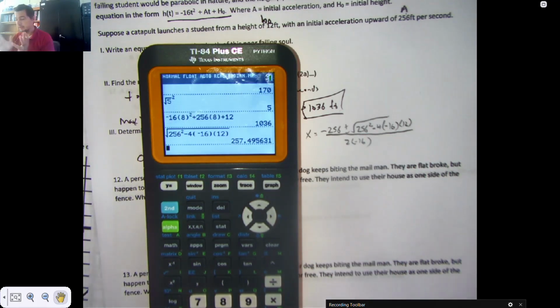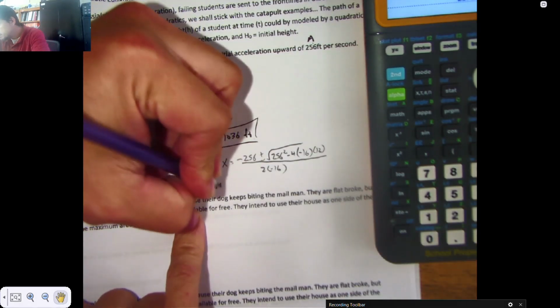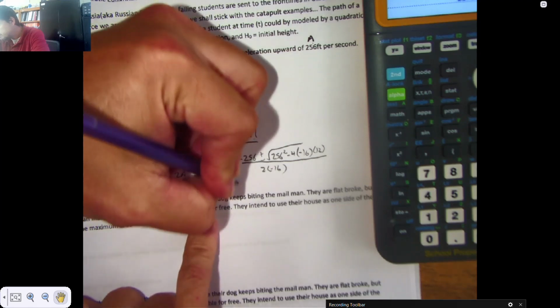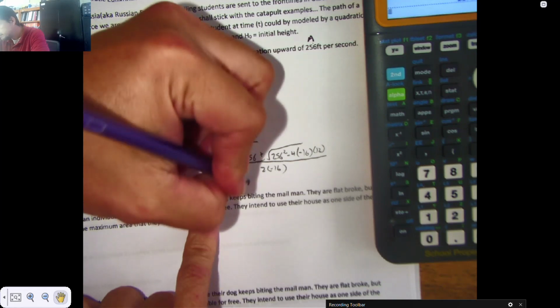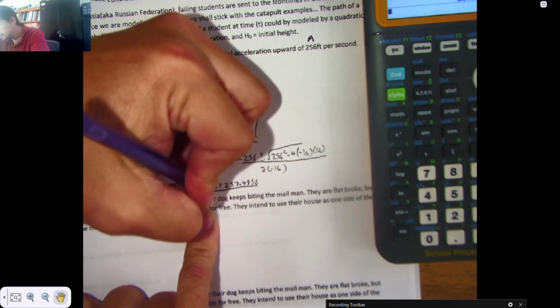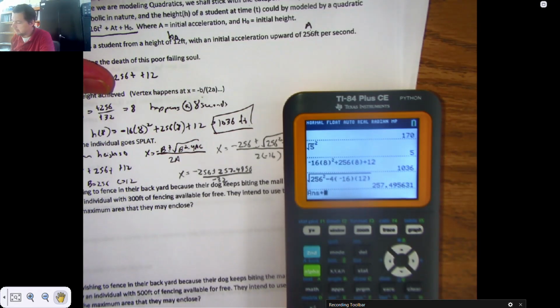That is the decimal. That is the square root of all that stuff. All right. So x is negative 256 plus or minus 257.4956, and it's sitting over negative 32. So I'm going to do the two operations. One of them is negative 256 plus that number.